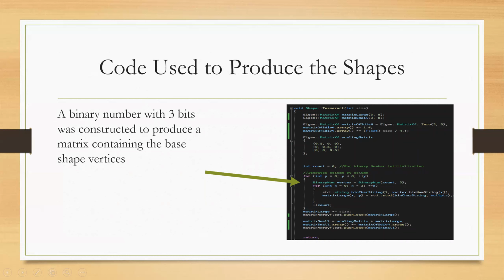Here is some of the code that I used to produce the tesseract. Here where the arrow is pointing, a binary number is constructed for each column of the matrix to produce the base shape.